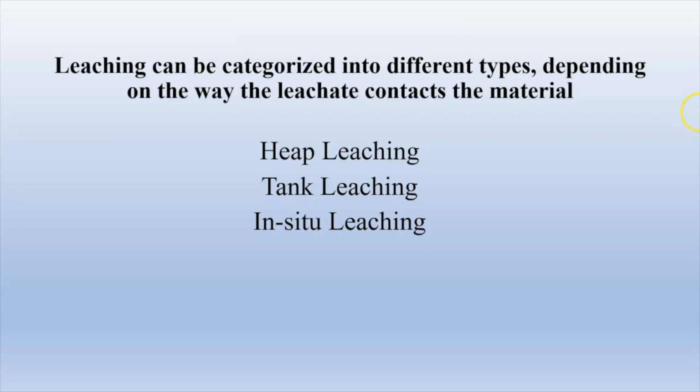In situ leaching is used when the ore deposit is too deep or too inaccessible for traditional mining. It involves the injection of leachate directly into the ore body underground, allowing the metal dissolution to occur in place. The metal-rich solution is then pumped to the surface for further processing.